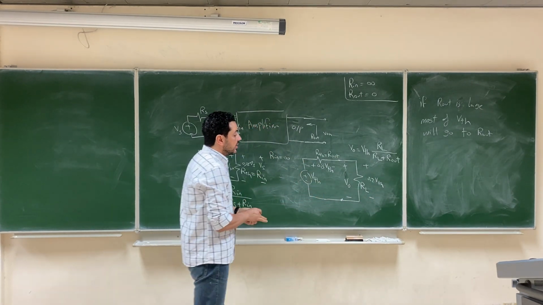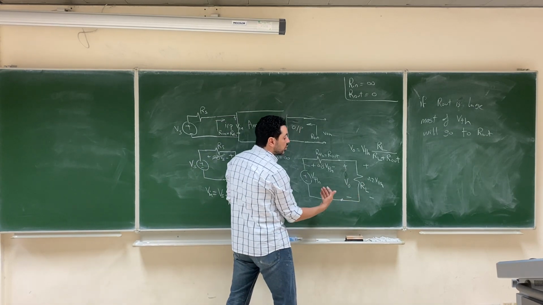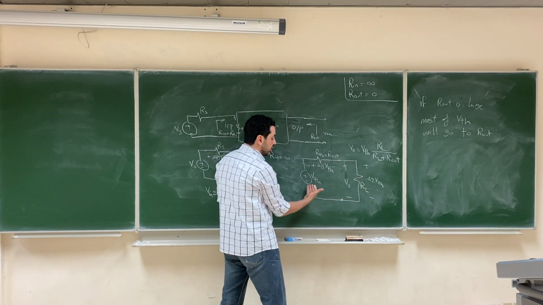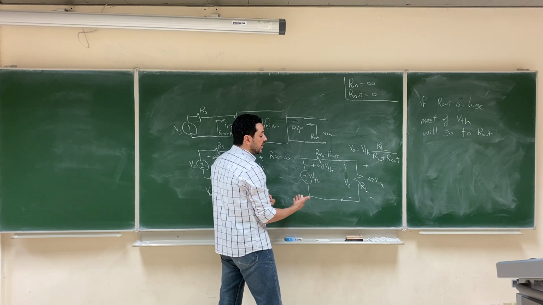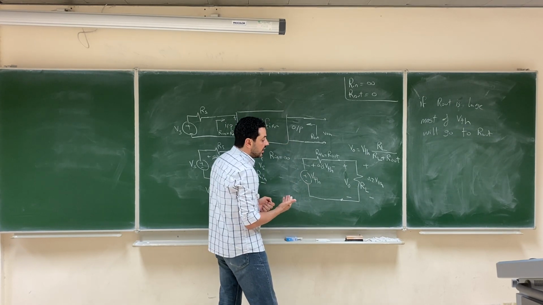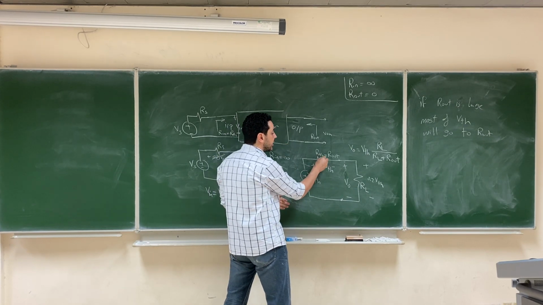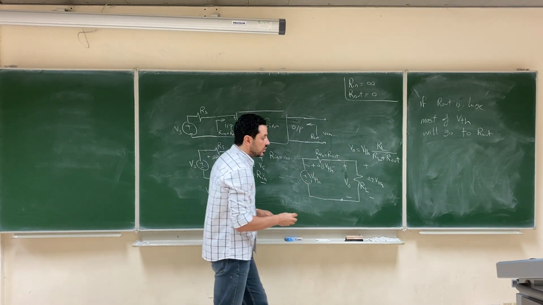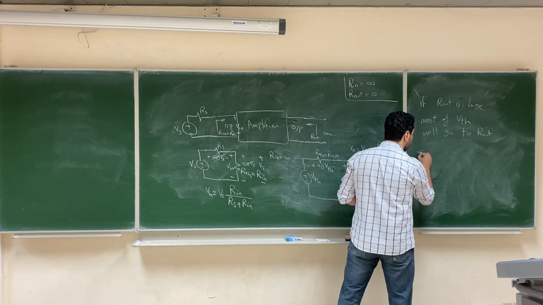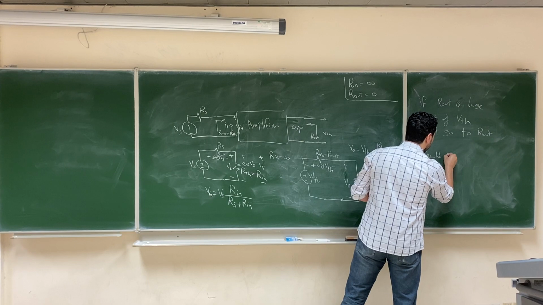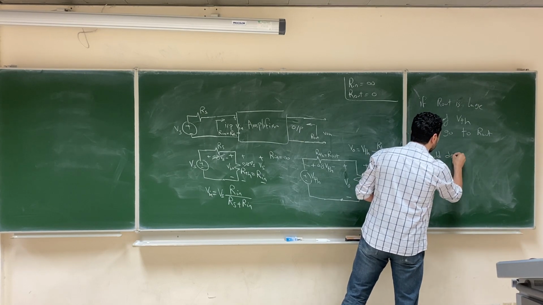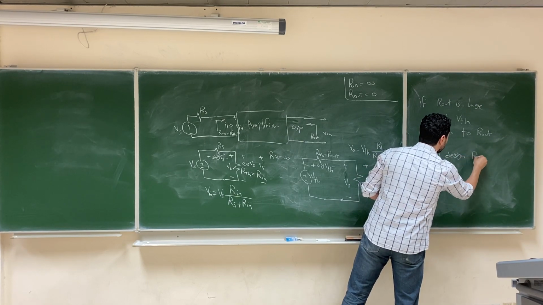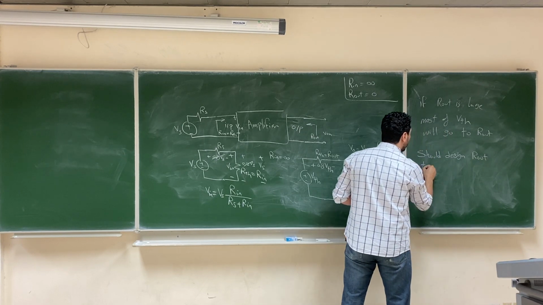So in order to allow the load to take a high portion of V Thevenin, the voltage of the amplifier, we should design our output resistance to be as low as possible.